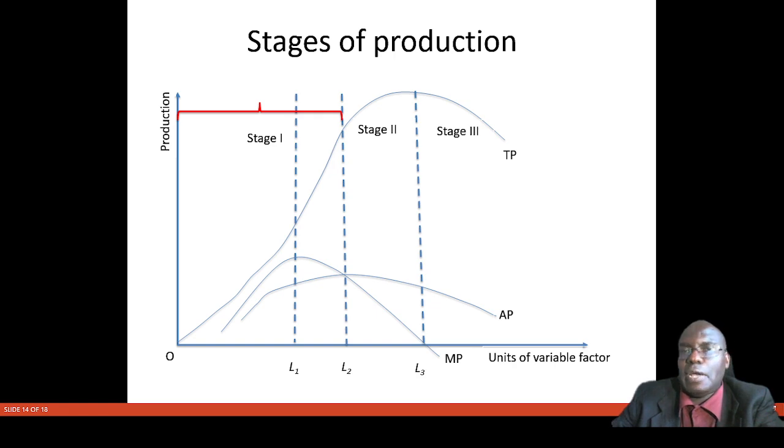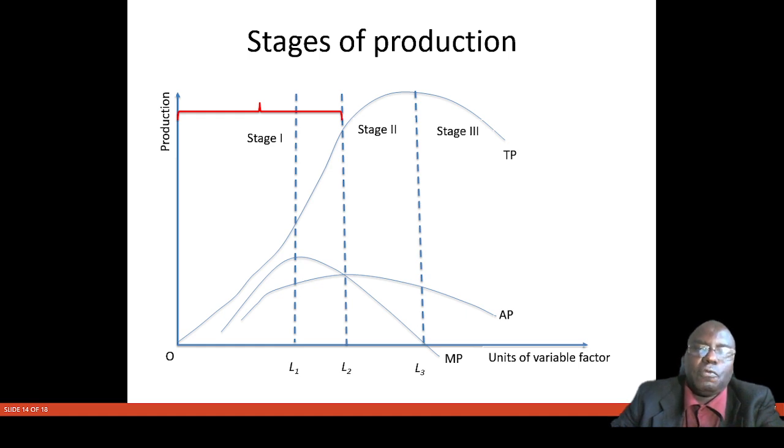Then it levels up and begins to decline. The average product increases, reaches a maximum, and begins to decline. The marginal product also increases, reaches a maximum, and begins to decline.